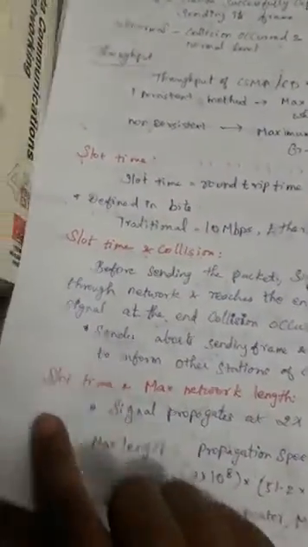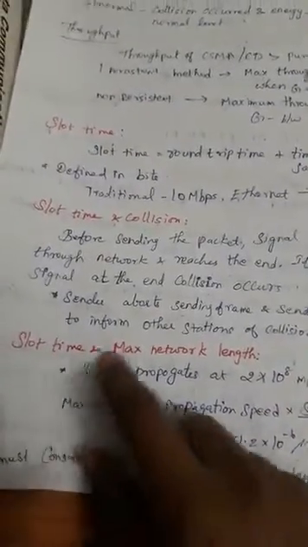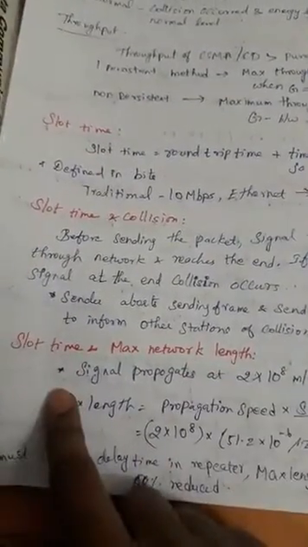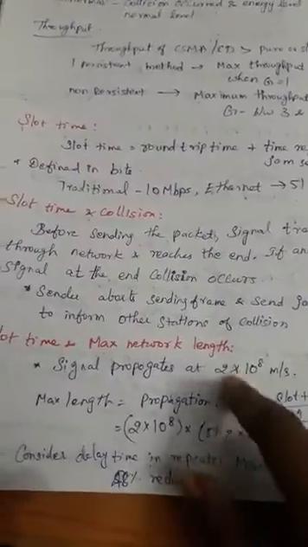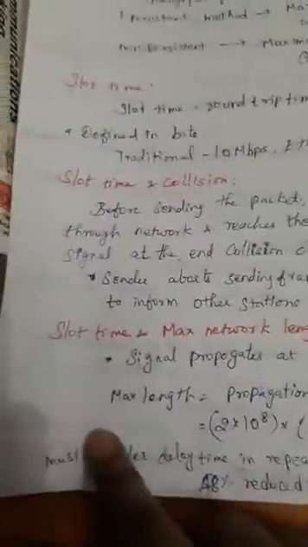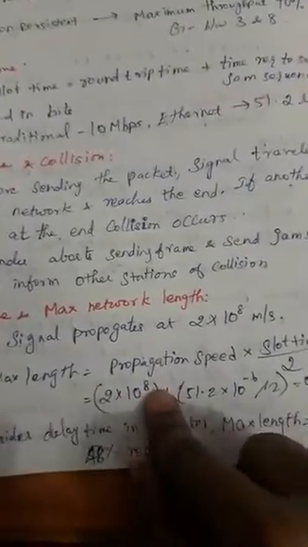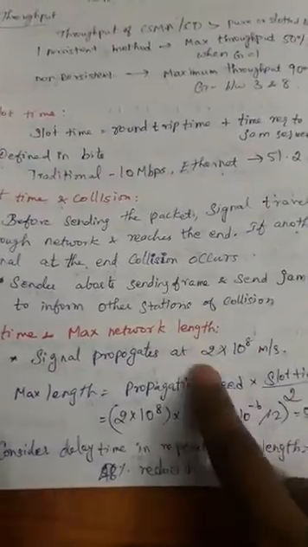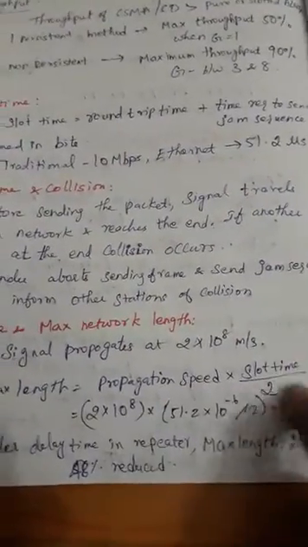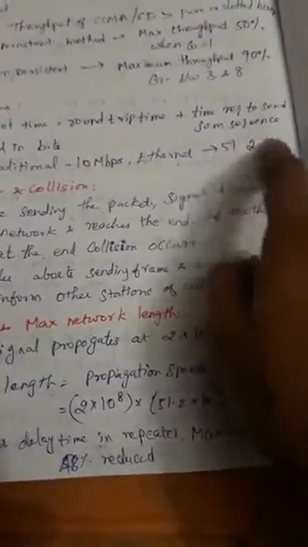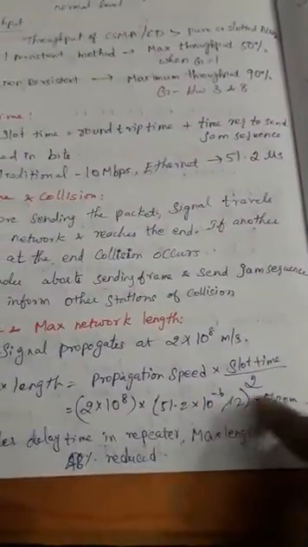Then slot time and maximum network length. The signal propagates at 2 times 10 power 8 meters per second. Maximum length is equal to propagation speed, that is the signal propagation speed, times slot time divided by 2. Here we have a slot time of 51.2 microseconds, so slot time by 2.